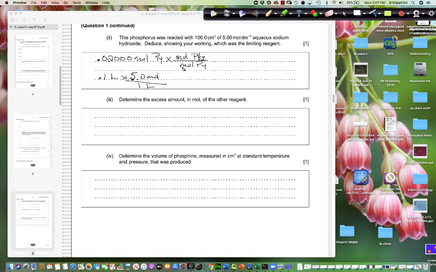That's going to be a 1-to-1 ratio. So this will still be 0.02 moles of phosphine. Now do your second calculation, and you have to do some sort of math here, or some sort of justification in order to get the answer. So now we're going to do the same thing here. We're going to go to moles of phosphine.